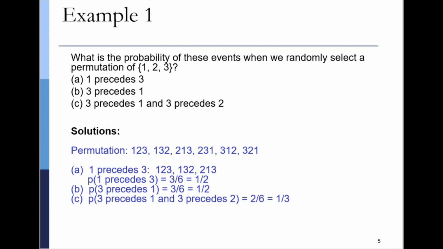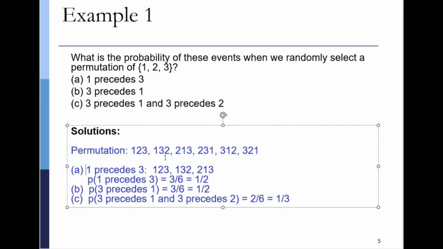But 3, 2, 1, no, because 3, 2, 1 means 3 happened first, then only 1. So in this case, 1 does not precede 3. Okay, boys and girls, I hope you're trying before I explain. Otherwise, you are just listening without understanding.